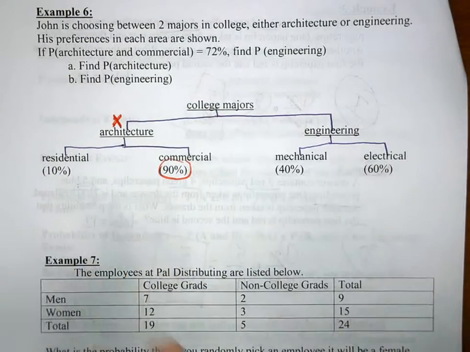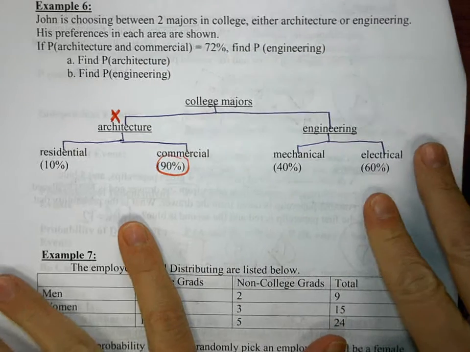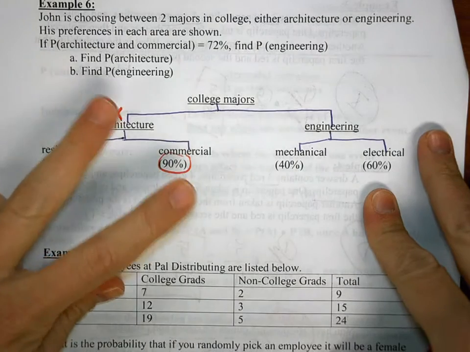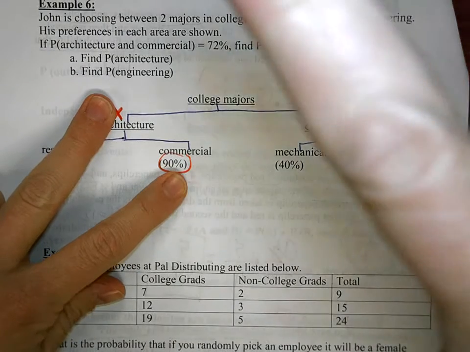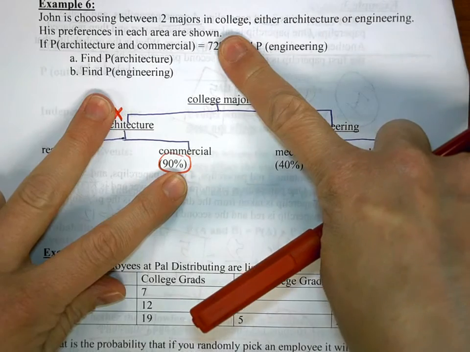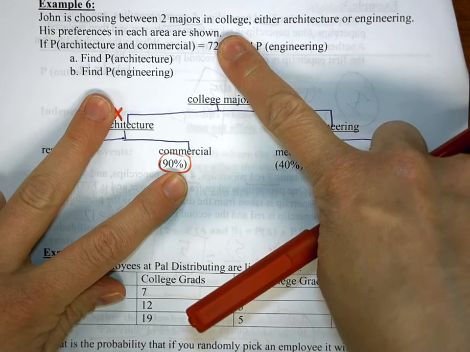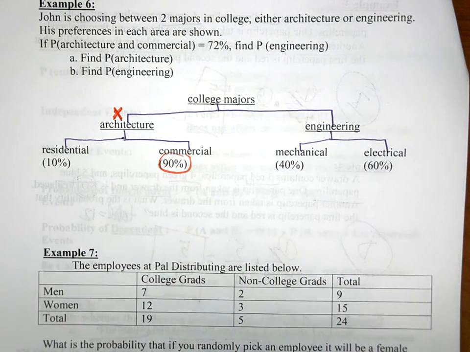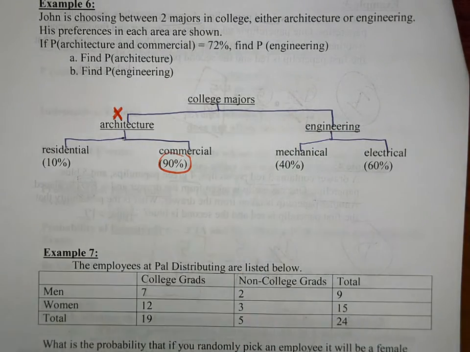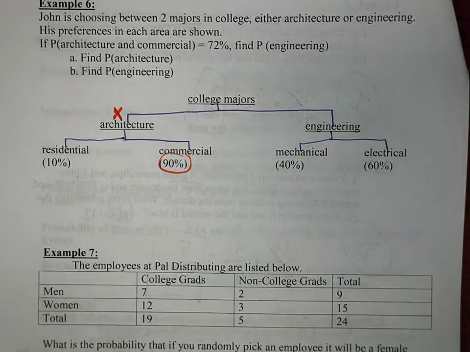Do you guys see that? So when you multiply these two together, it equals 72%. I'm going to write these as decimals though because I'm going to convert my percent into a decimal.